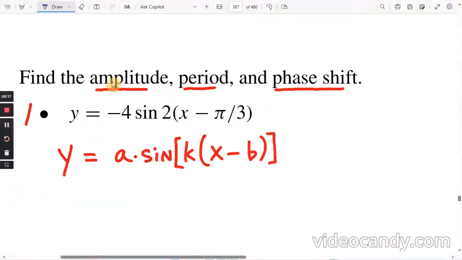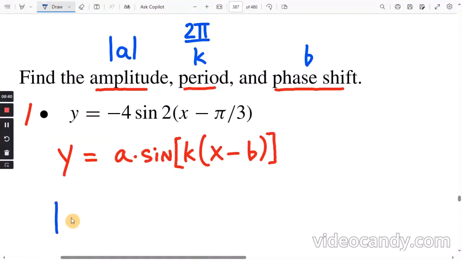All right, so we said before the amplitude is going to be the absolute value of A. The period is 2 pi divided by K, and the phase shift is B. So we have everything that we need here. Let's do the amplitude first.